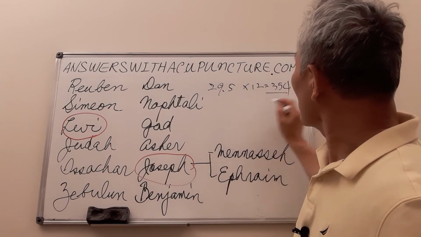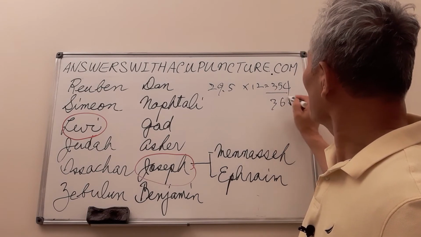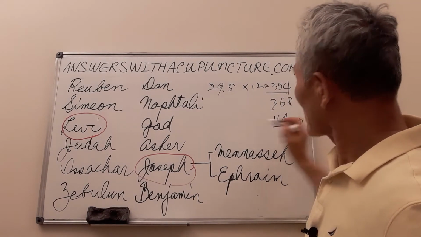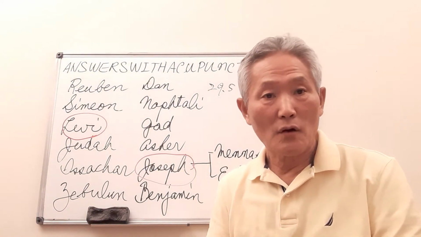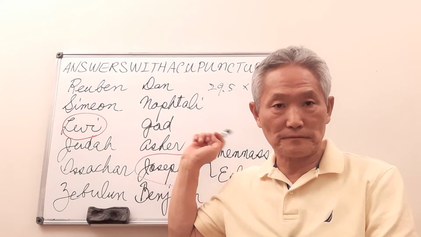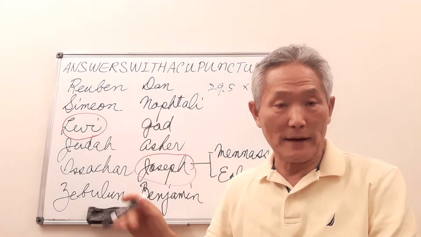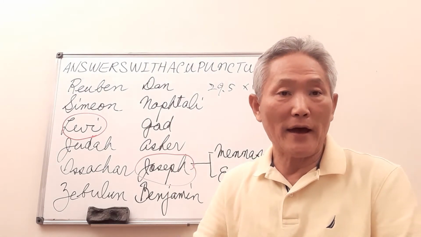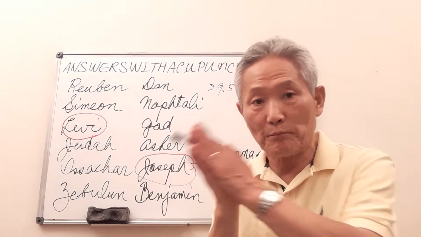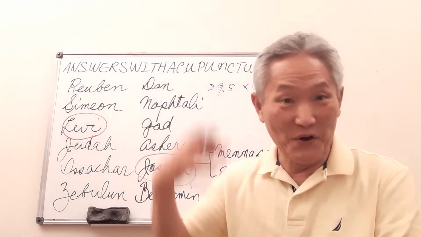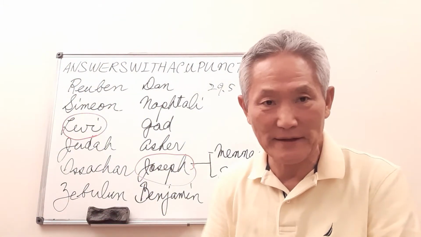But actually it's 365, so there are 11 days of difference. So when you use a lunar calendar, because there are 11 days of difference, if you do not modify it, then what could happen is winter becomes summer, things like that.